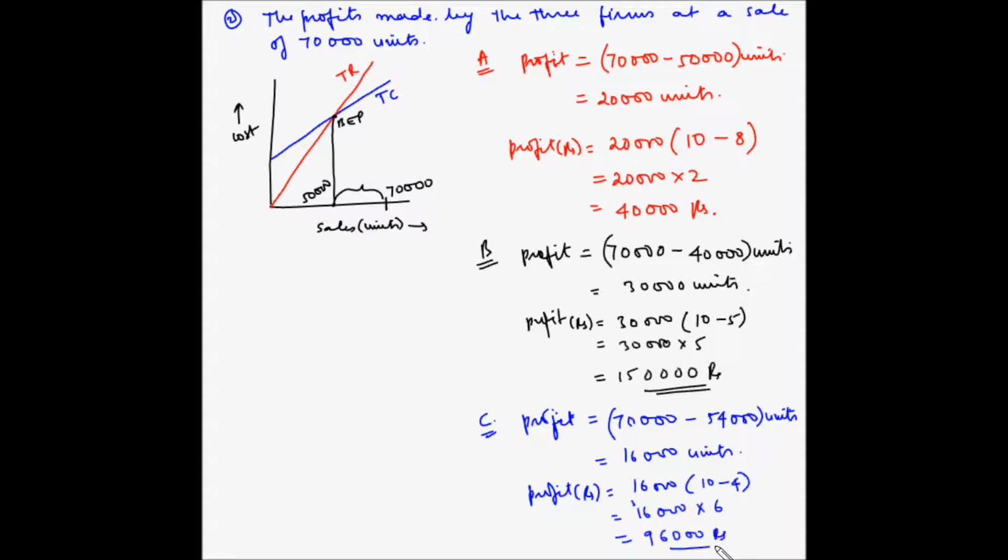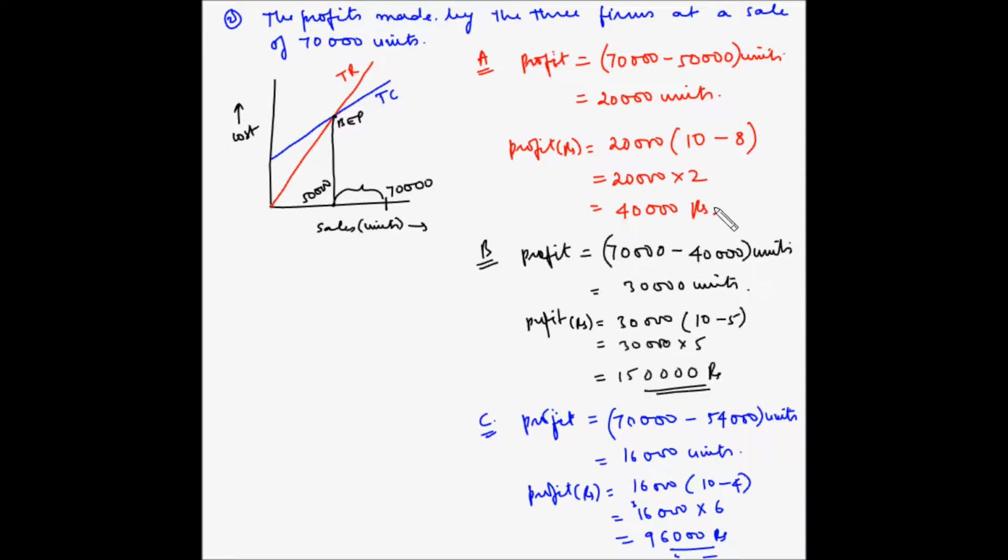96,000 rupees. Now again, if we analyze the profit for firm A, B and C, we note that the profit for firm B is the highest because first the break-even point is low, which is 40,000 units, and second, it has a good margin between the selling price and the cost price.